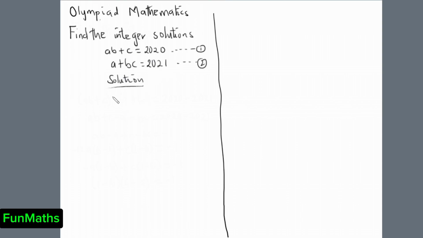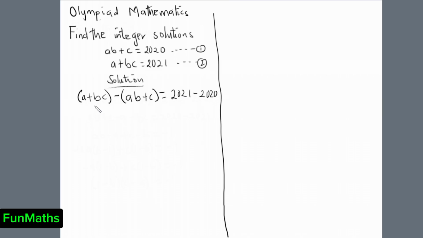But to find the integer solution, the first thing I will do is to subtract equation 1 from equation 2, because equation 2 has a bigger number at the right hand side. So we'll be having A plus BC, which is equation 2, minus AB plus C in equation 1, equals 2021 minus 2020.